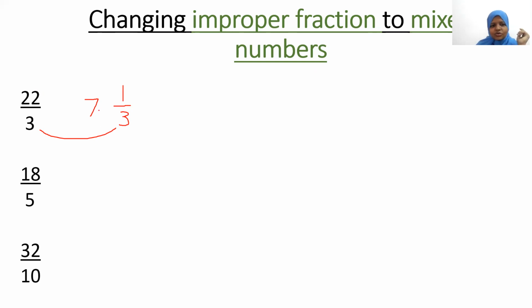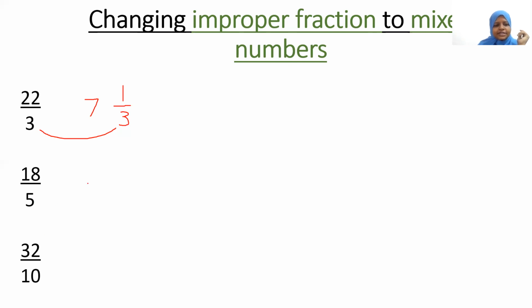Now you can do a check here. 3 sevens are 21, and 21 and 1 is 22, right? Now look at this, 18. See how many 5s are there. 5, 10, 15, 20. You can't go to 20. So 5, 10, 15, that's 3 times.